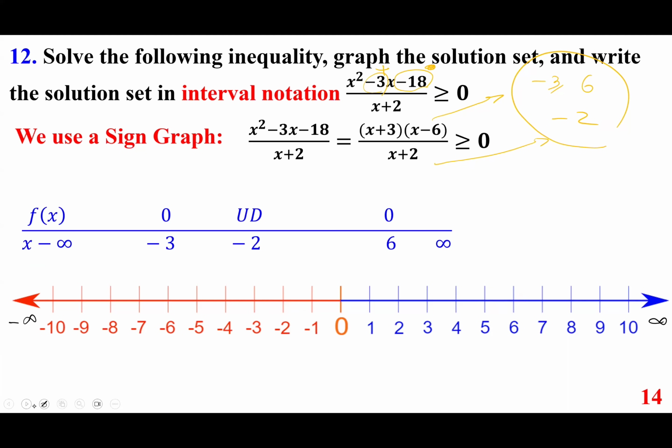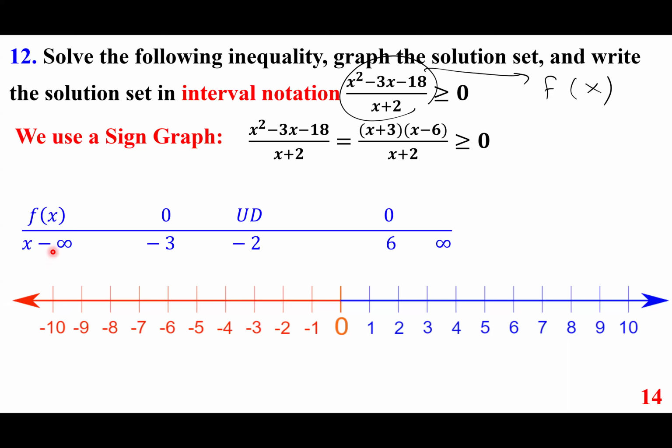So x goes from negative to positive infinity. F of x at negative 3 is 0. At positive 6 is 0. At negative 2, the denominator is 0, which makes the expression undefined, UD.